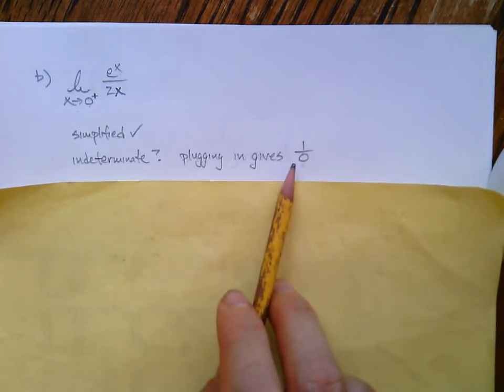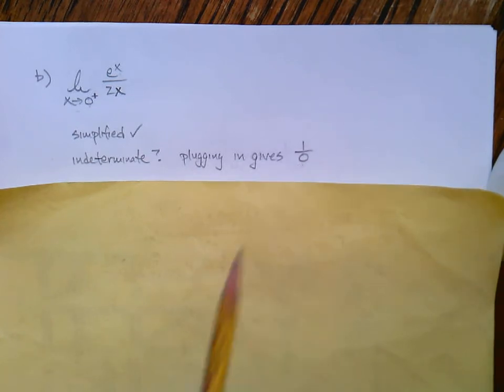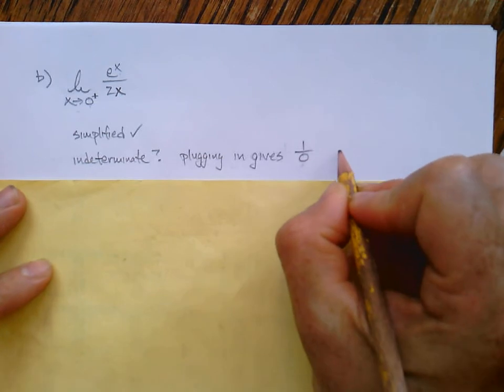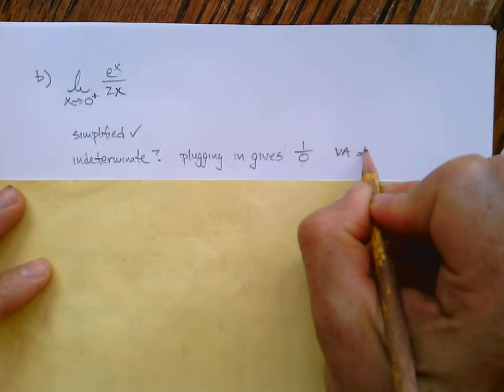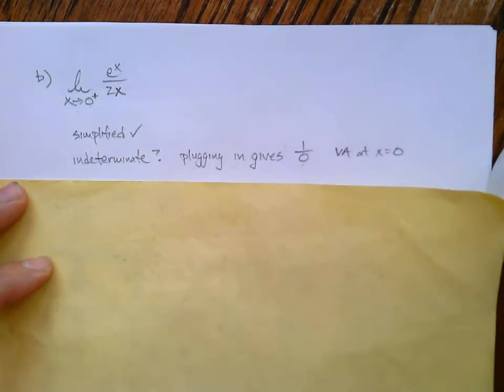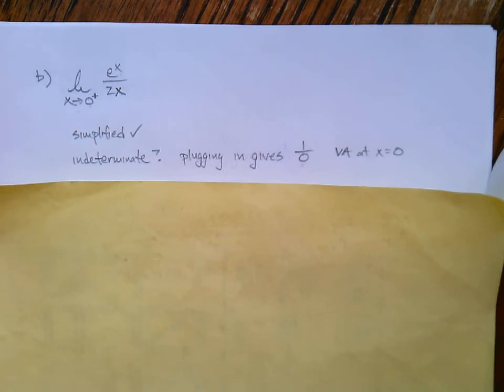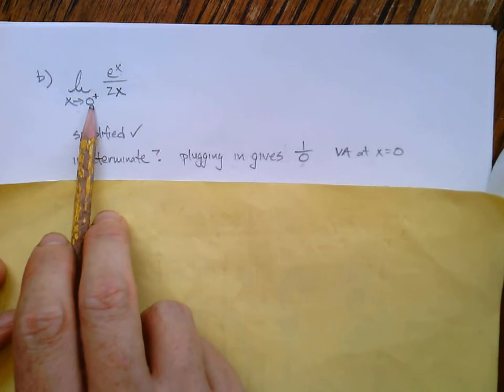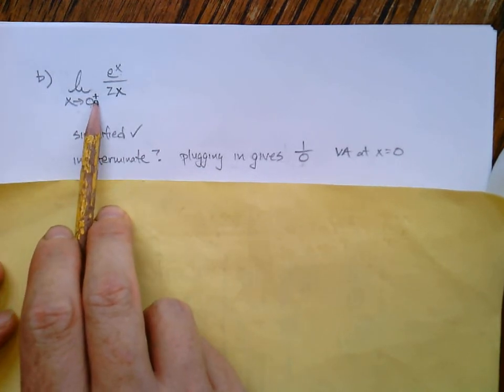Okay, so then what is the answer to 1 over 0? Think way back. That would be a vertical asymptote at x equals 0. So we know the answer is either positive infinity or negative infinity. And we could go to a table or we could go to a graph. Keep in mind, it's only as x approaches 0 from the right side.